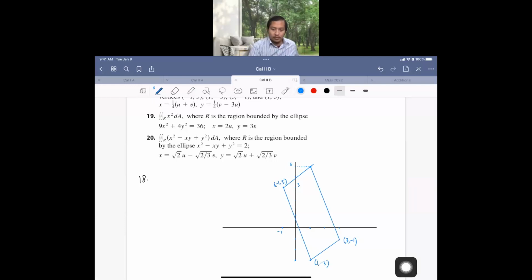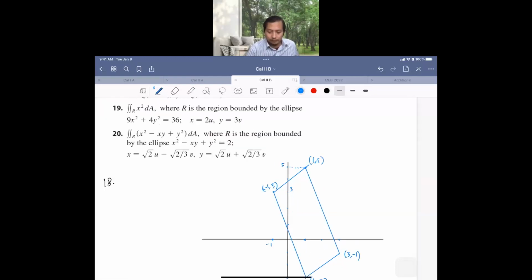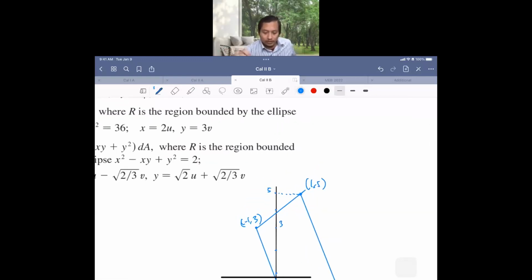But then you can just take the line equations. We could have 2 over 2 is 1, so the gradient is 1.